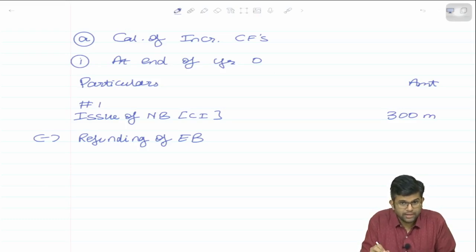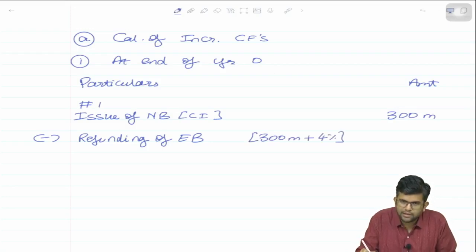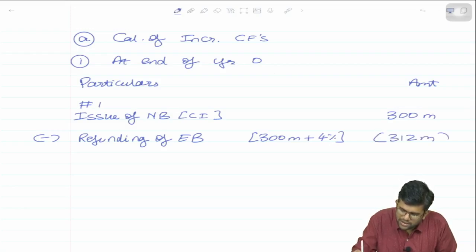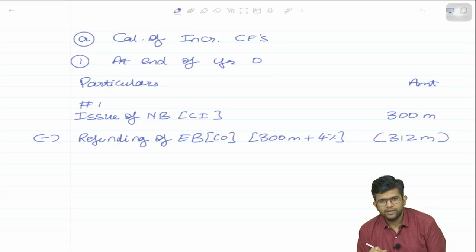No. 300 plus 4%. Now I have to give our call premium also. So 300 plus 4% comes to how much? 312 million I have to refund, and this is a cash outflow for me. Everyone following?